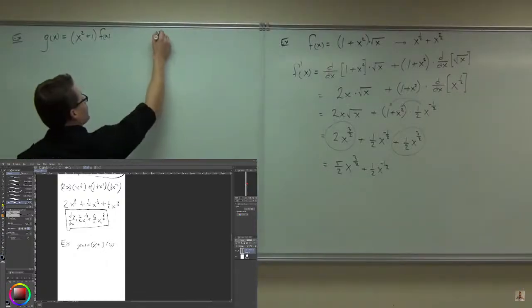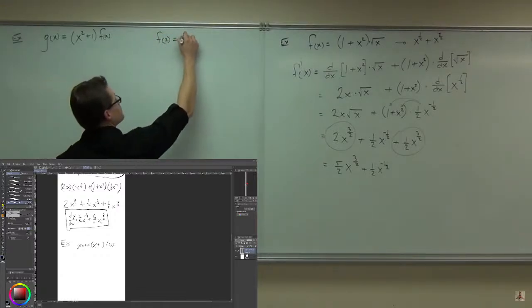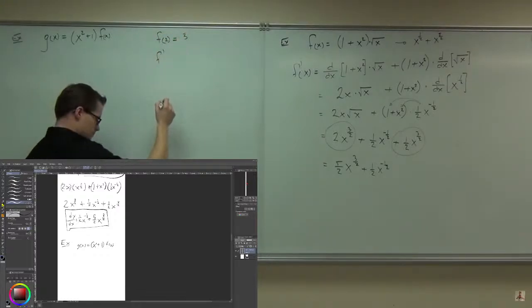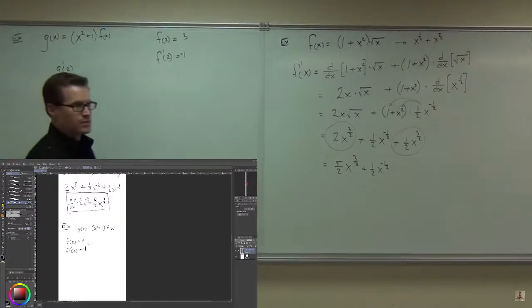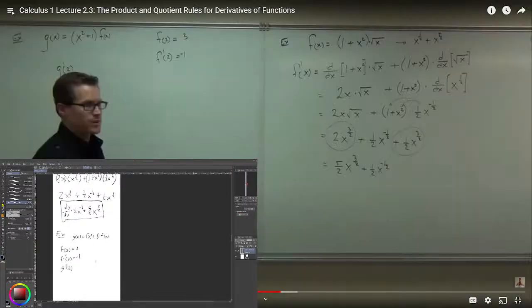However, it's going to be a little bit easier if you do the product rule with it. The idea is, what if you have this, and I tell you only 2 things about it? I say f of 2 is 3. f prime of 2 is negative 1. And I say find g prime of 2. That's my goal.